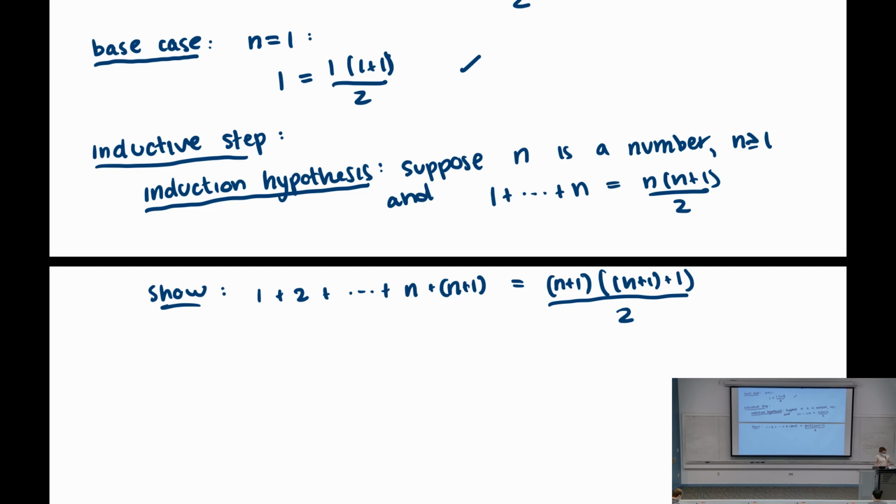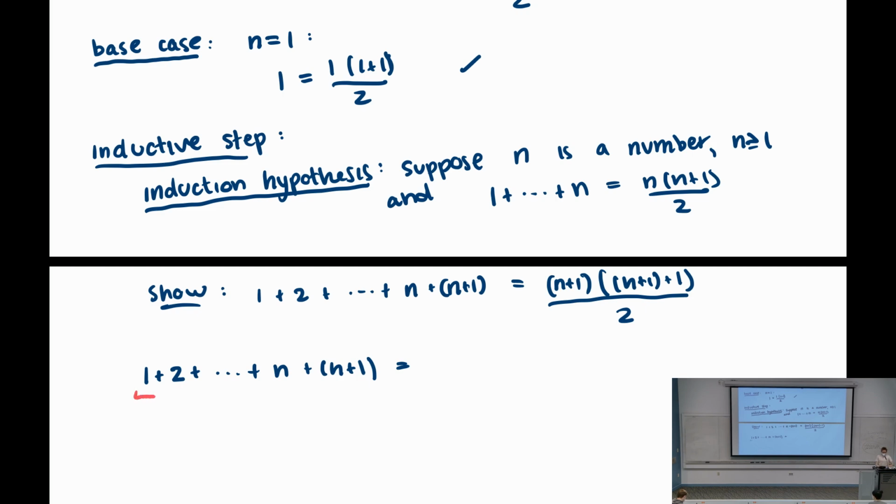So let's start by just computing the sum on the left-hand side. Usually what you're trying to do is to somehow use your induction hypothesis, so somehow apply that to your computation.